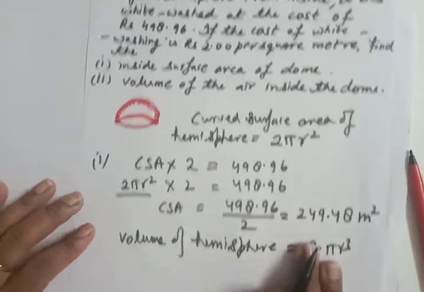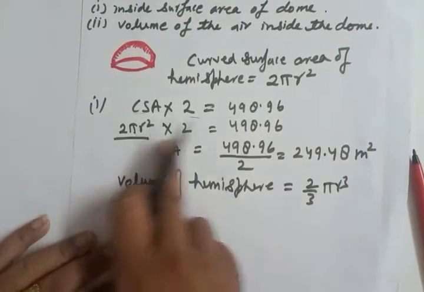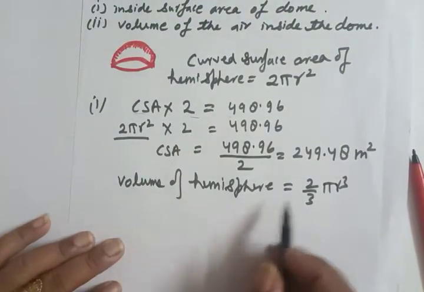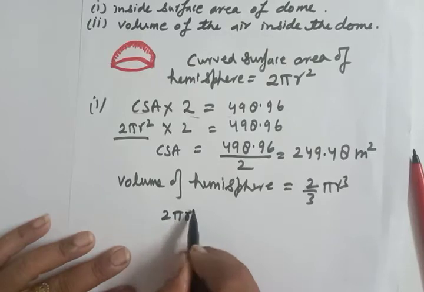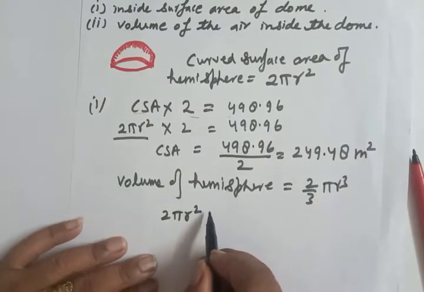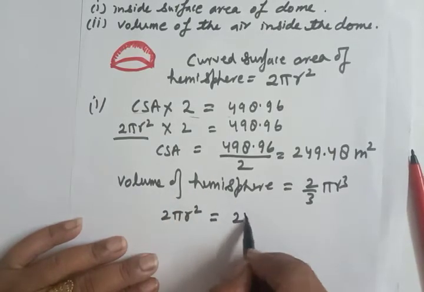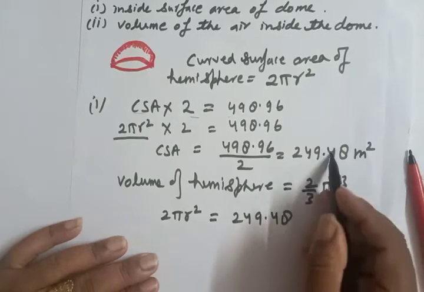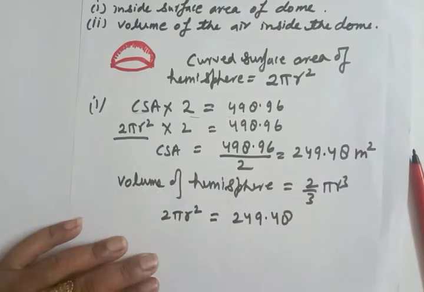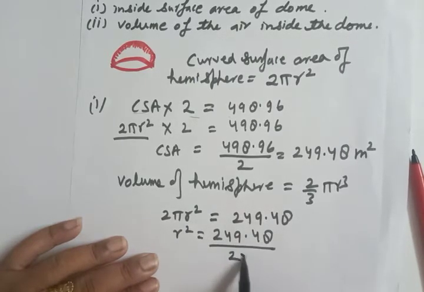The value of r is not given in this question, so we will find it from this equation only. 2 pi r square is equal to 249.48, that I have written directly, that is the curved surface area. So r square is equal to 249.48 upon 2 into 22 upon 7.